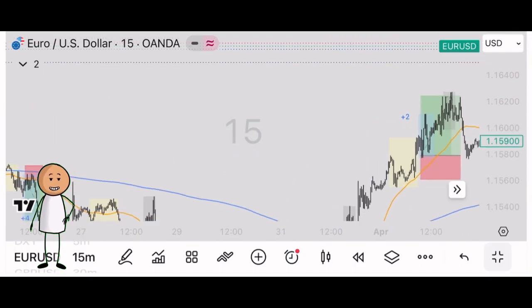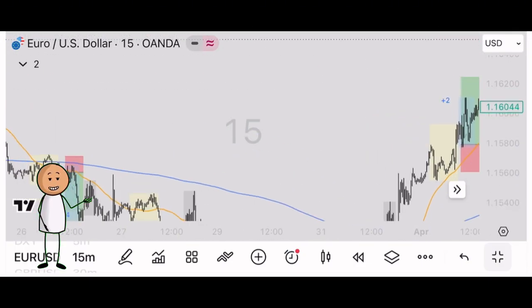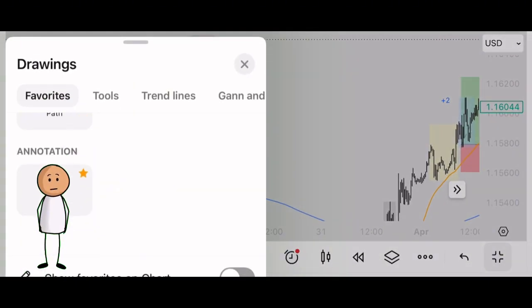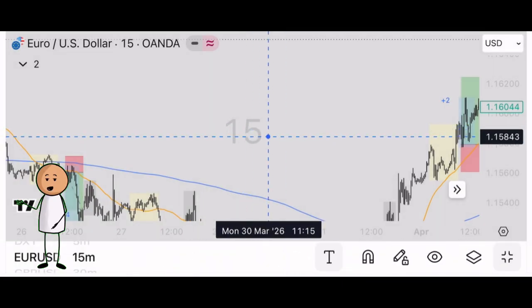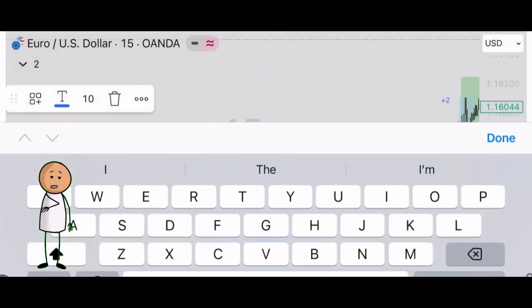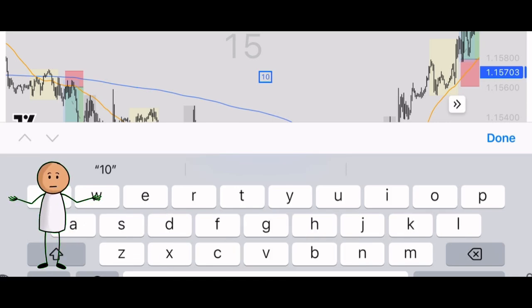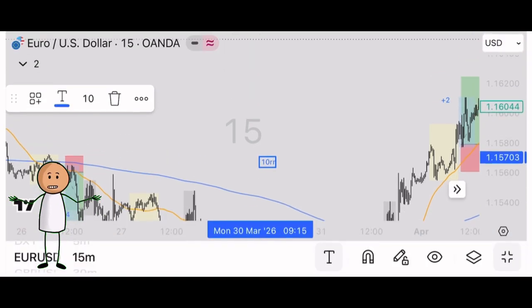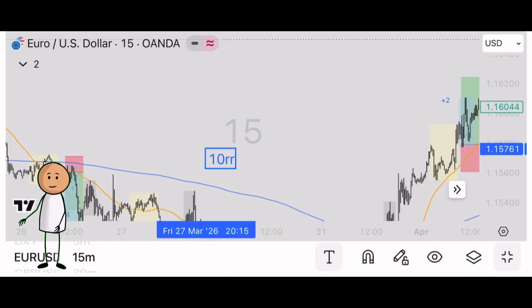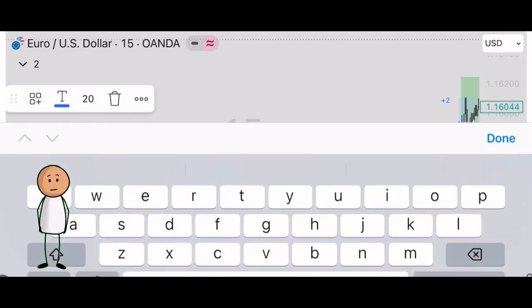A good month. March for me was a break-even month because I was making some mistakes there and there, but we are getting better. So 10 RR for the month of March.